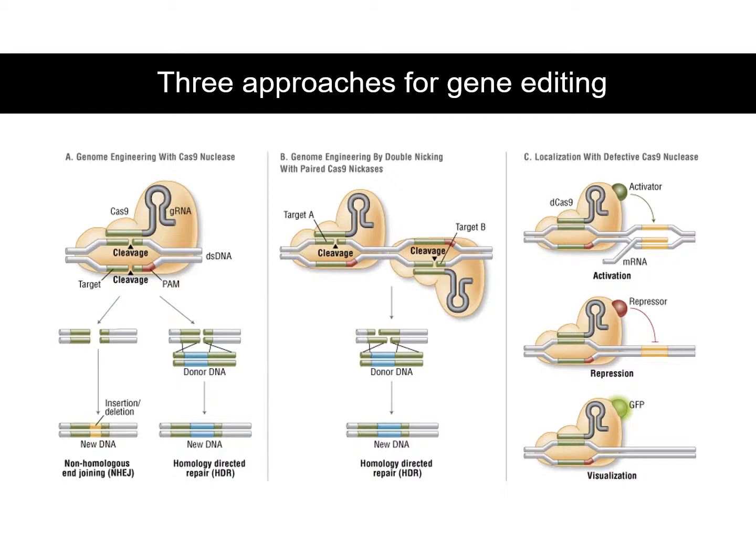Now, since the homology-directed repair in combination with the double-stranded break is not always terribly efficient, another possibility that researchers have worked on is to modify the Cas9 so that it only makes single-stranded breaks.